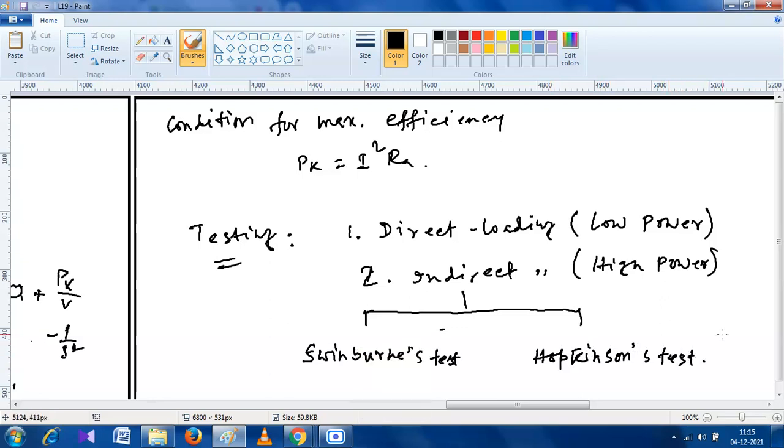There are basically two tests we have in indirect method, to determine the efficiency of high power machine. One is called Swinburne test, another is called Hopkinson test.